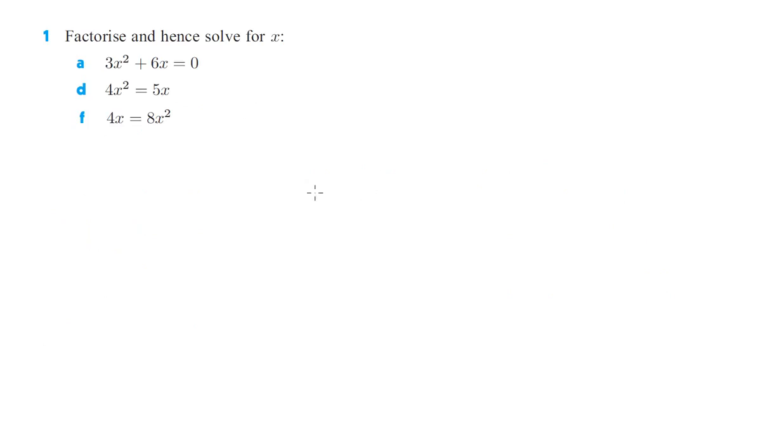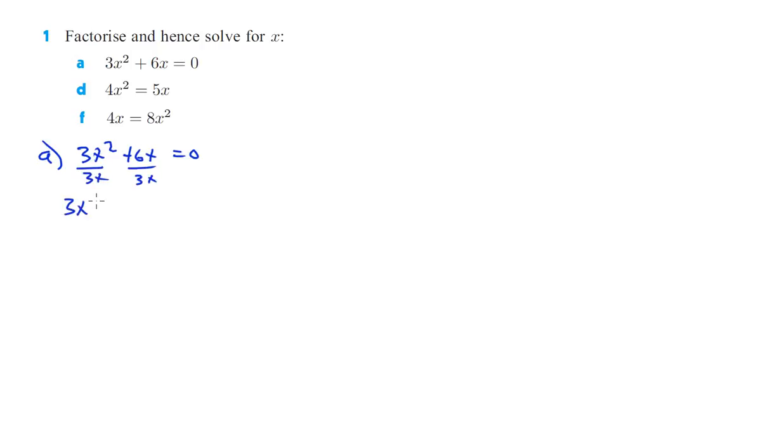Our next number one, factorize and hence solve for x. So basically you're saying factor first and then solve this thing for x. So for a, we have 3x squared plus 6x equals 0. So let's see, we can factor a 3x out of both of these, right?